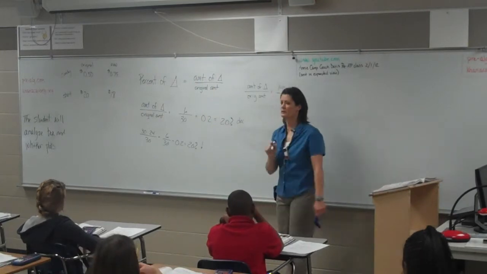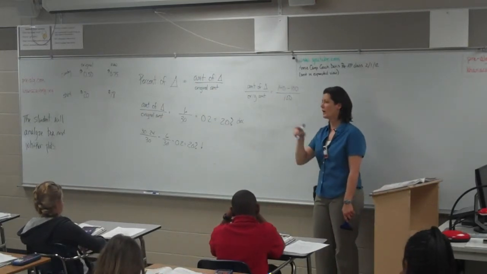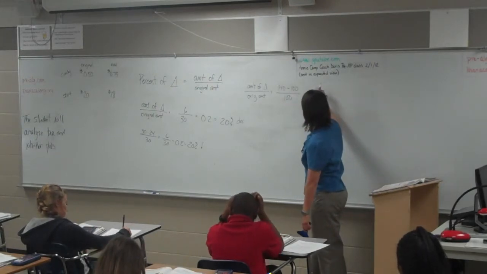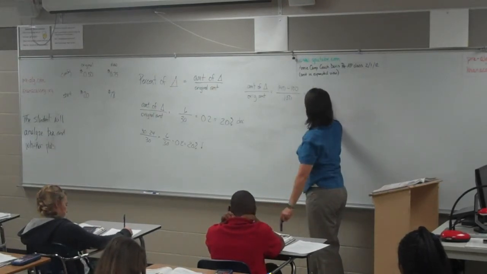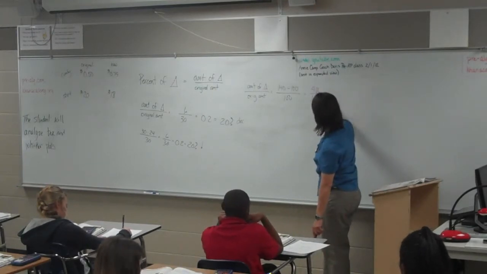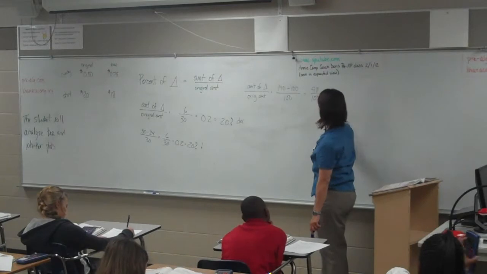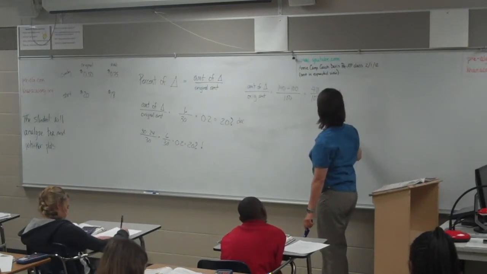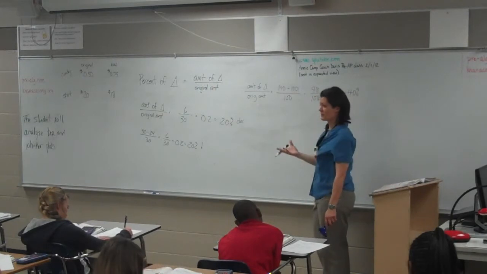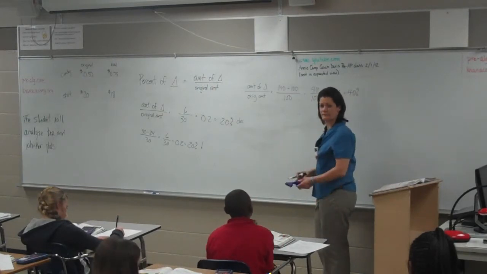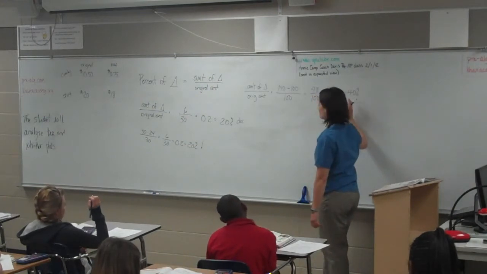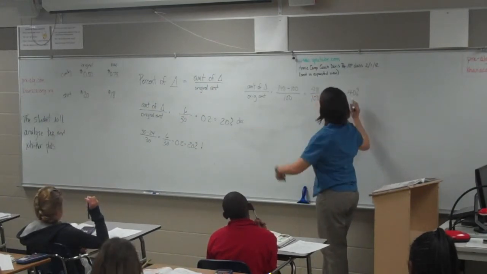Good, because what was the original amount? 100, not 140, 100. So what is 140 minus 100? 40, over 100. That is automatically 40%. And is this an increase or decrease? Increase.